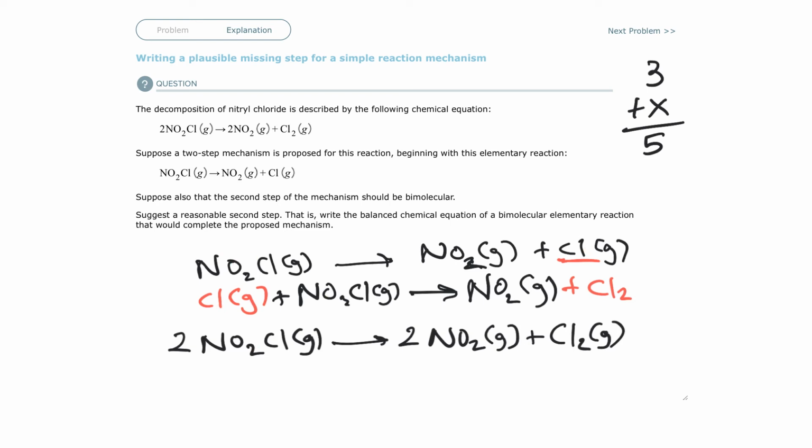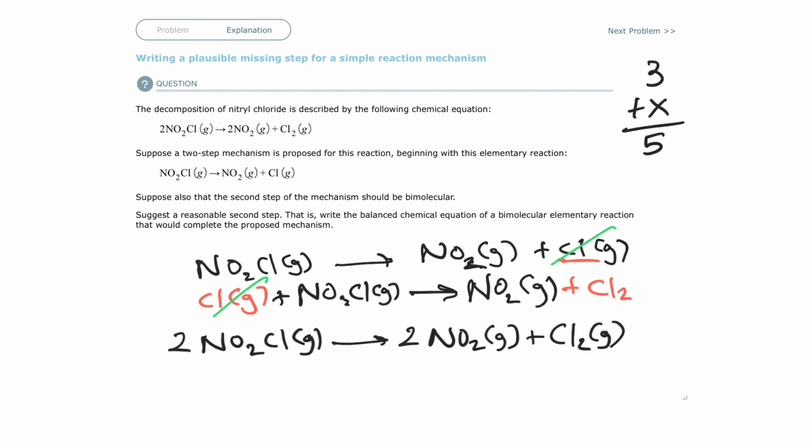But these two things have to add up to give me this. So I need one more of these NO2Cls to give me two of them. And then I'll look over here. I've got 2 of these, so I have to have another one. So I can add that up. And then I have to have a Cl2. So the Cl plus this Cl is giving you the Cl2. And that's where you're going to get it. So you're going to cancel these two in order to get it.